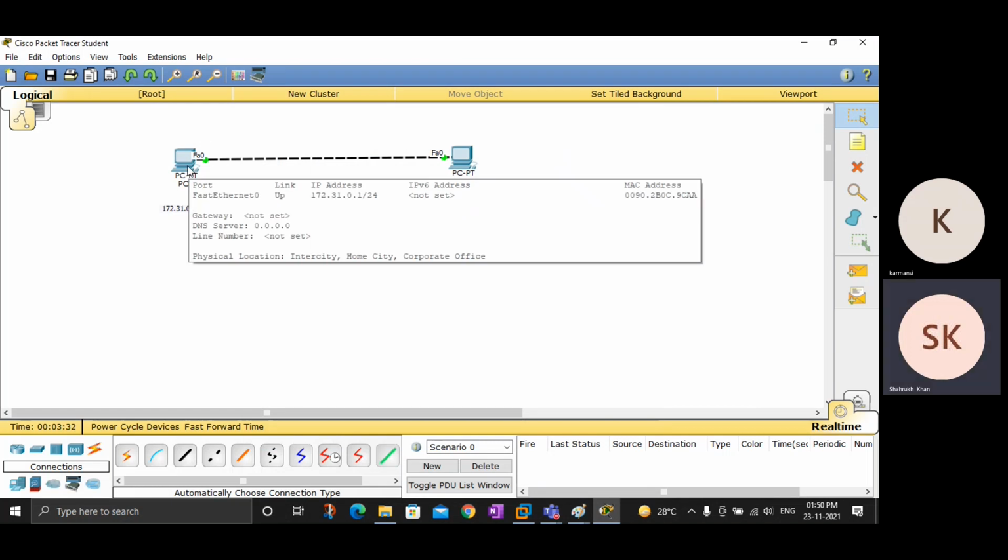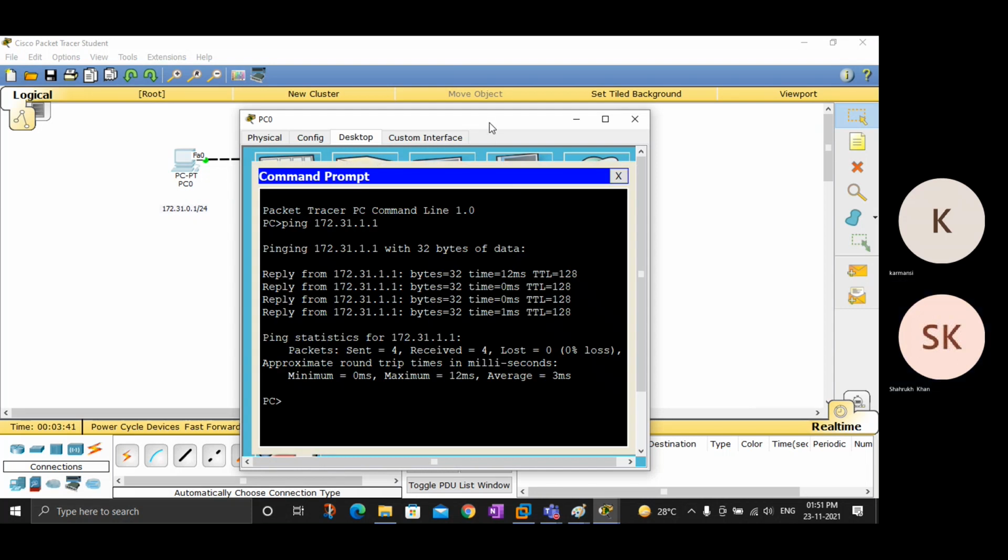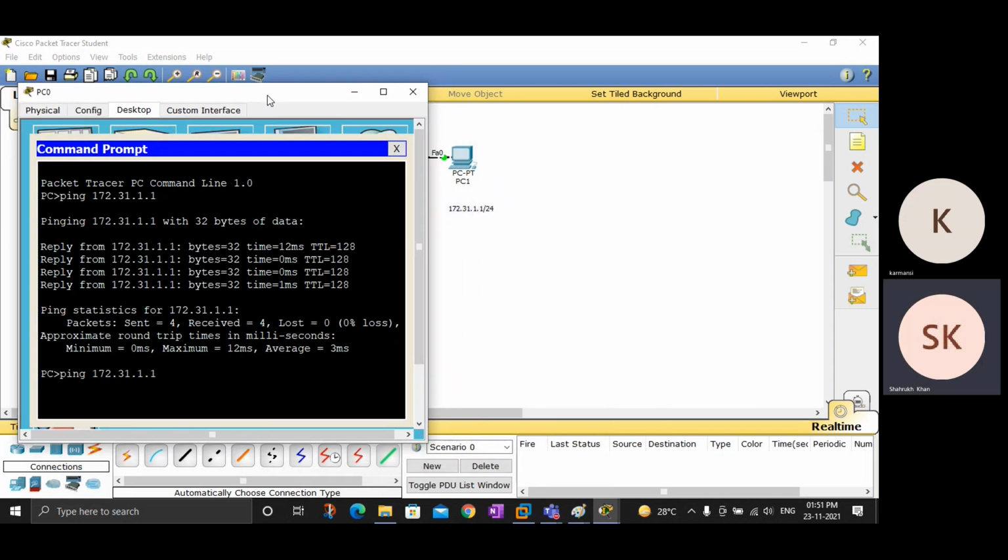So if you check the IP now, in the IP address column, what are we getting? /24. And if you try to run the same command, I'm not changing anything, I'm using the same command again.